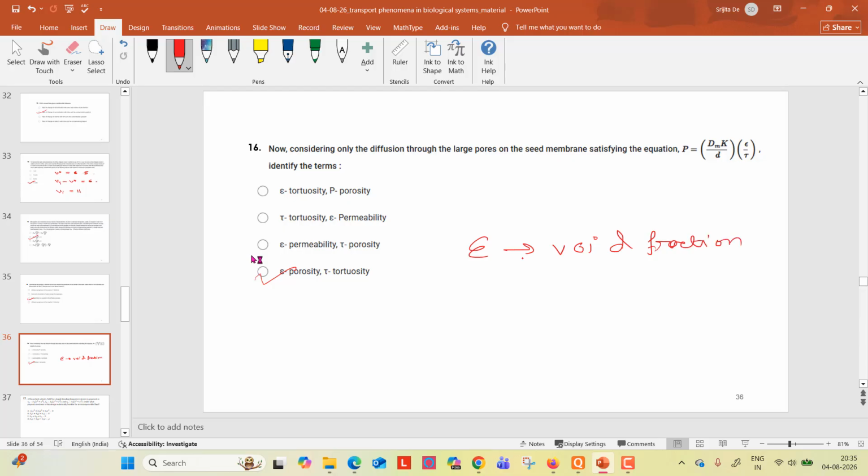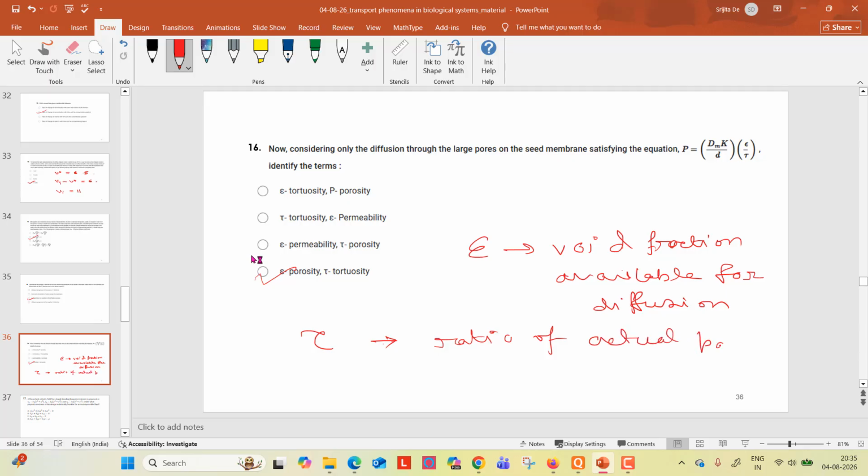Void fraction available for diffusion, and tortuosity tau is defined as the ratio of actual path length to membrane thickness. Okay, next.